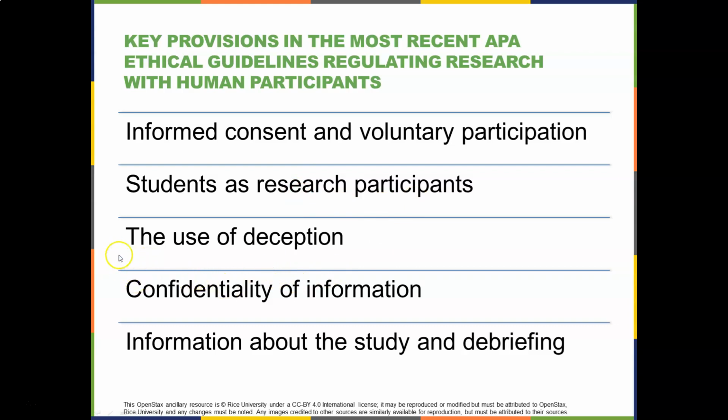The use of deception, that can be deceptive. And I say that kind of tongue in cheek, but it is true. We are allowed to use a little bit of deception, but only if we tell afterward that we did it, and it's for a scientific reason.